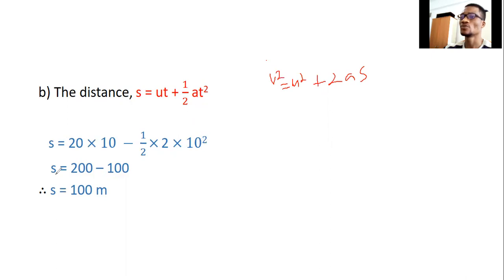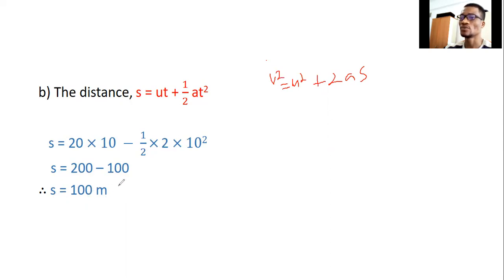So by calculation, 20 times 10 is 200. 10 square here is 100. 2 times 100 is 200 divided by this 2. So we have 100 here. And then 200 minus 100 is 100. So the unit is meter. So the distance traveled is 100 meters.